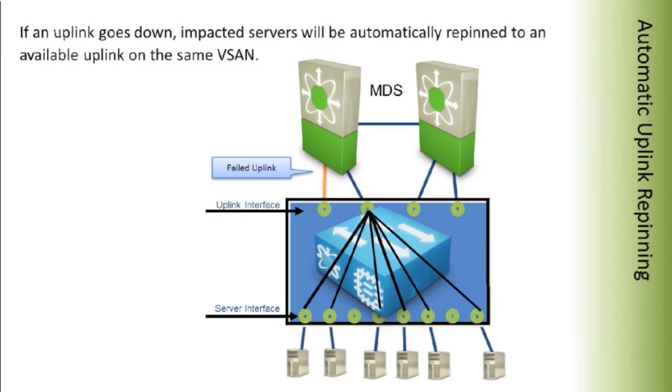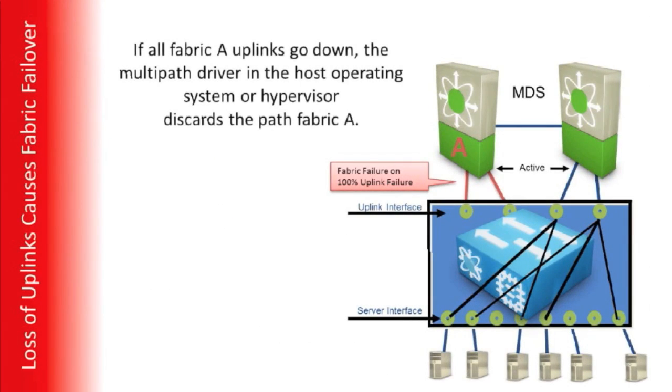Now, what happens if we have all uplinks on a particular fabric interconnect go down? Well, the operating system or VMware itself is going to have to discover the path loss and reroute.